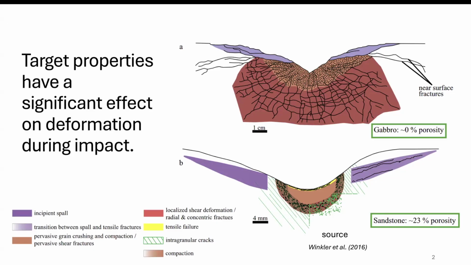A medium with no porosity tends to take on fracturing; that shock energy is usually expended via fracturing. In a porous medium like sandstone, which has 23% porosity in this experiment, it tends to get compacted and more dense post the impact.